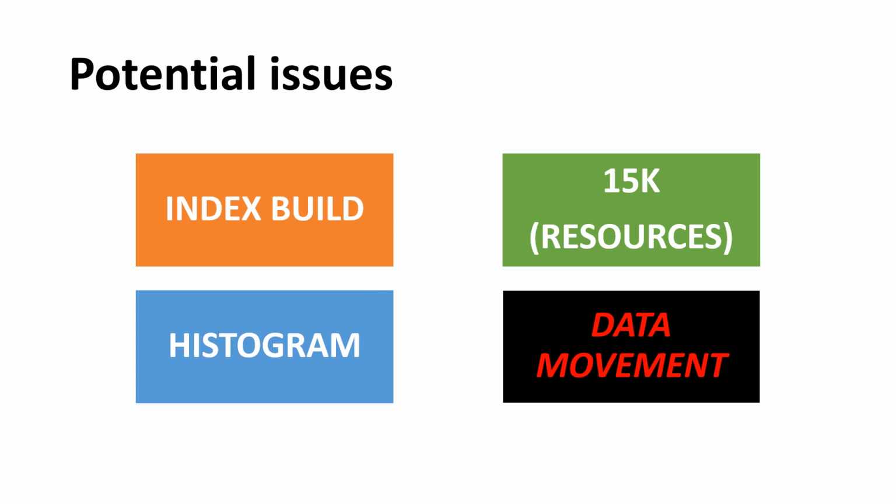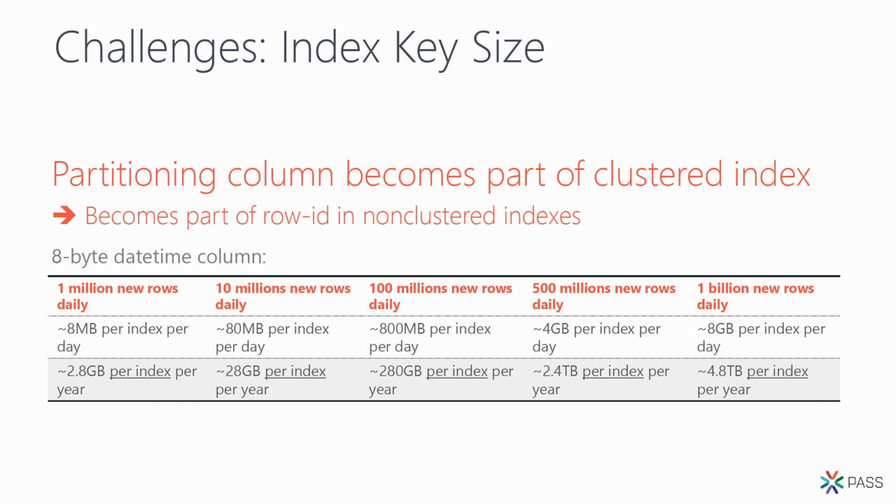And data movement, which I now have in blood red, which we'll be just talking about momentarily. Dimitri lent me this slide. He said I could use it in my presentation. If you add a single 8-byte date type column, or you cluster on that and you partition on that, this is what happens to your data growth.